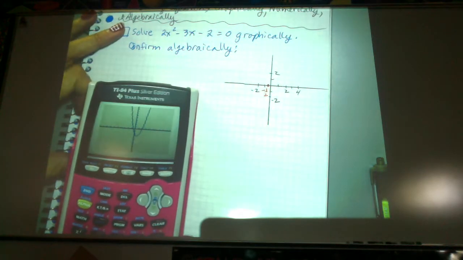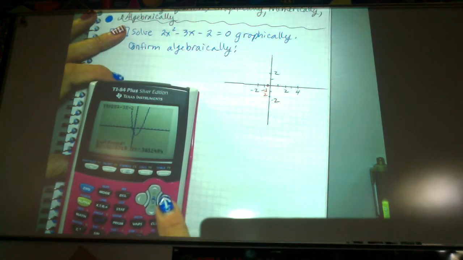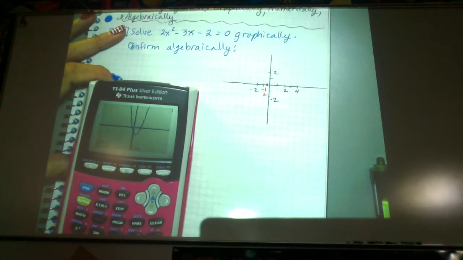I'll allow you to do the 0.5. Then we want to find the other 0. So second calc, 0. So scroll to where you're just below because that's your left hand. Hit enter. And scroll to the right to where you're above. Hit enter. And enter again. And this time it's a nice pretty number of 2.